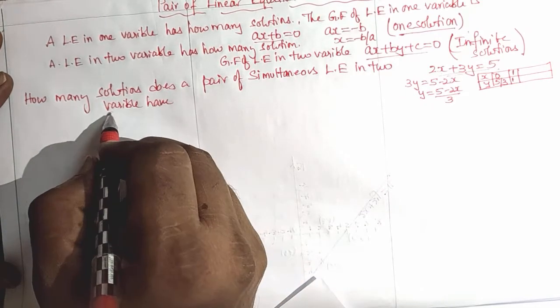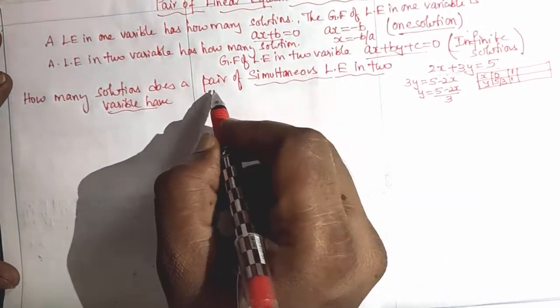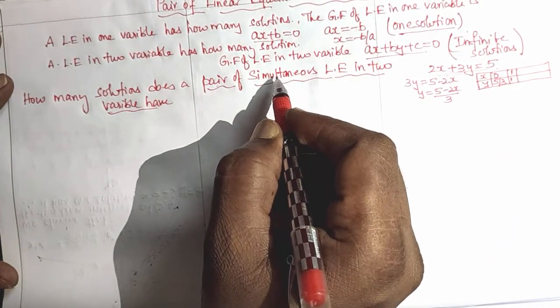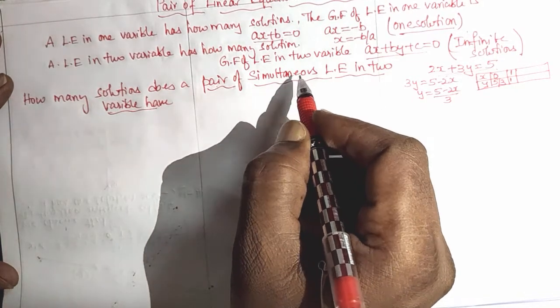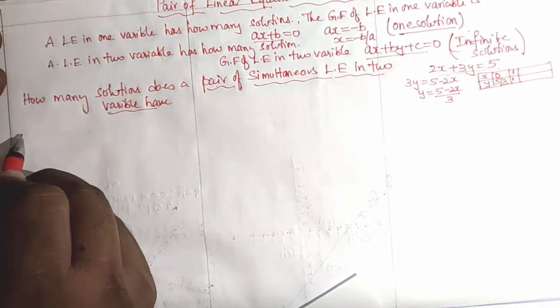What is the meaning of simultaneous linear equations in two variables? Pair means two equations. Simultaneous means they are dependent on one another. So how many solutions do such equations have?